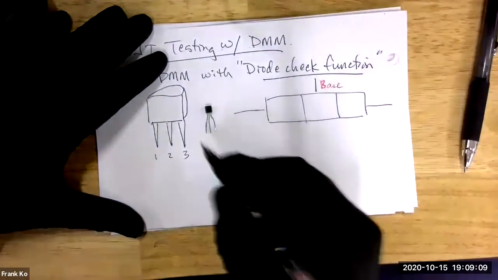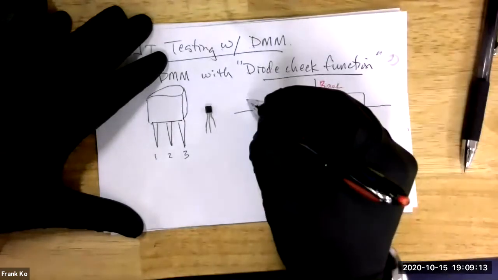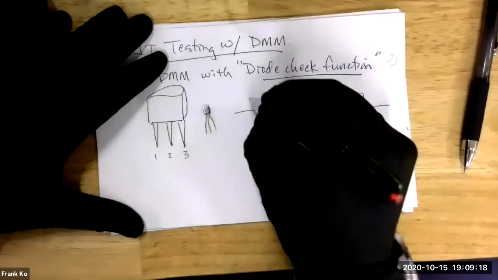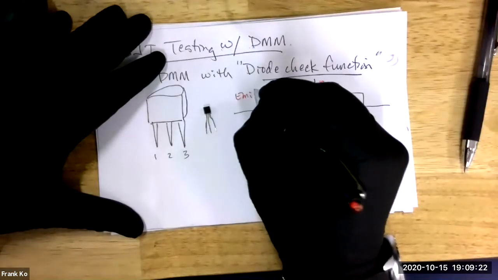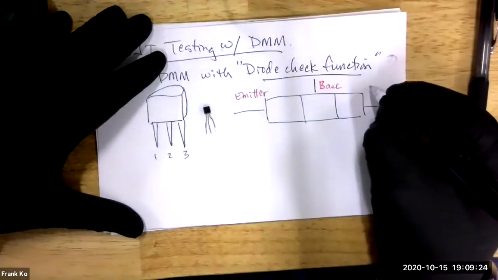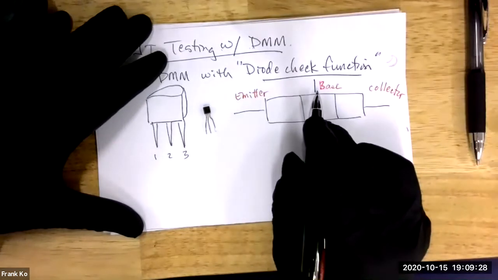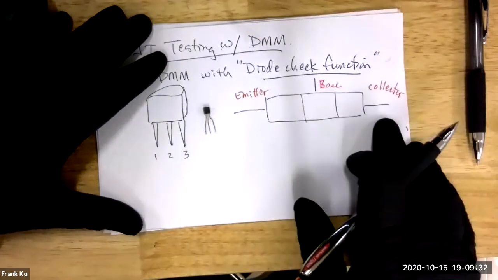That might not necessarily match up with this, but we'll find out. Let's call this an emitter lead on one side, and let's call this a collector lead on the other side. So your middle lead is always going to be base, and one of the outside leads is going to be emitter, the other outside lead is going to be collector.